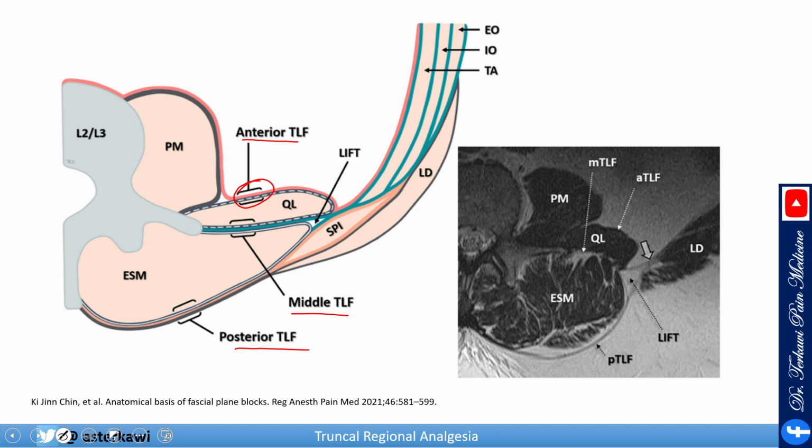If you are doing posterior quadratus lumborum, you get posterior to the quadratus lumborum at the level of the middle thoracolumbar fascia, and the lateral, which is type 1 QL block, is right here, which also will be covered in a separate video.